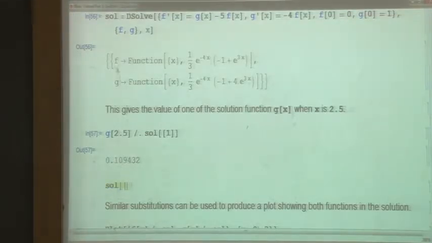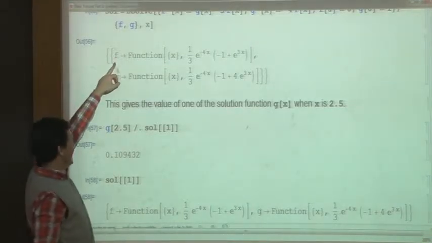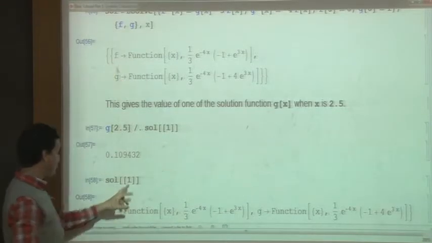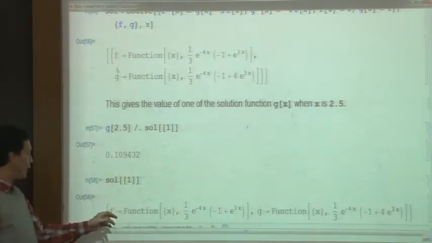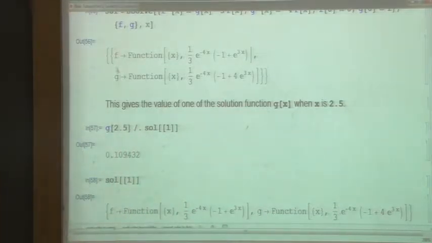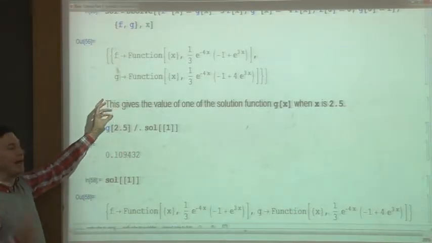If I type sol 1, what should I get? This is the first element, correct? So again, I put sol 1, because within sol 1 I got both, F and G. Understood?